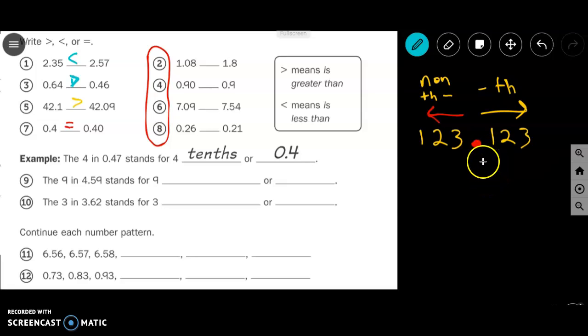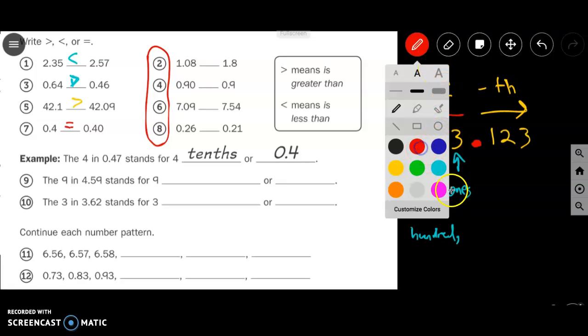So if I want to first start off with the one to the left, this is going to be the ones place, right? This is going to be the tens. And then you get into the hundreds, right? Now, when we go to the right, it's the same pattern.